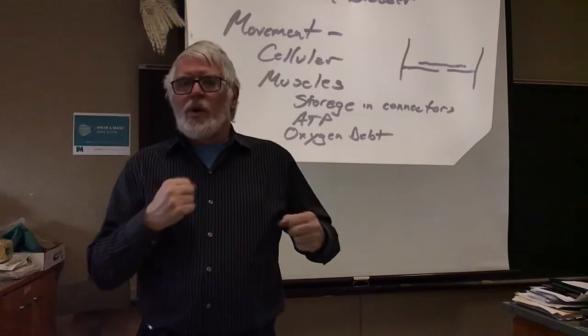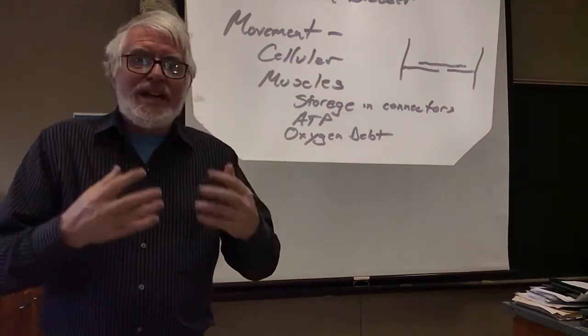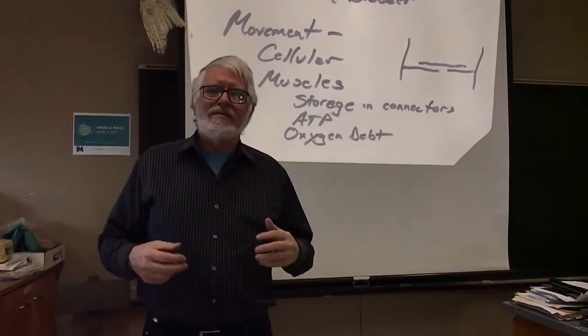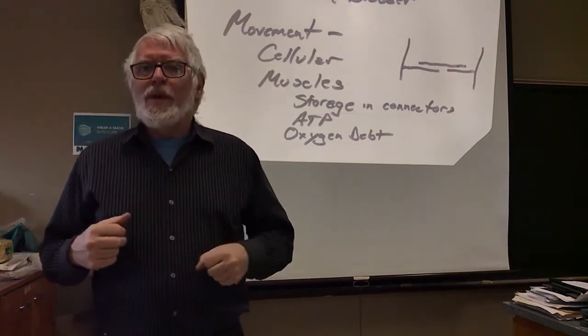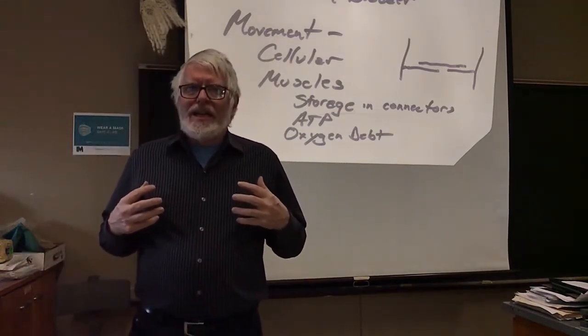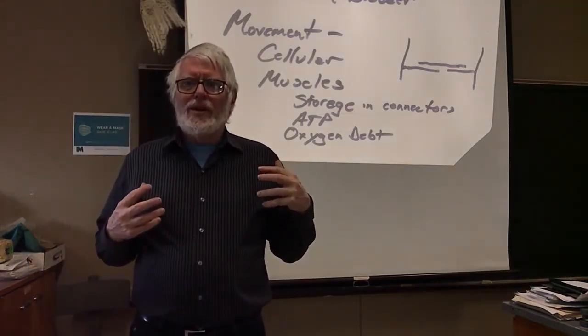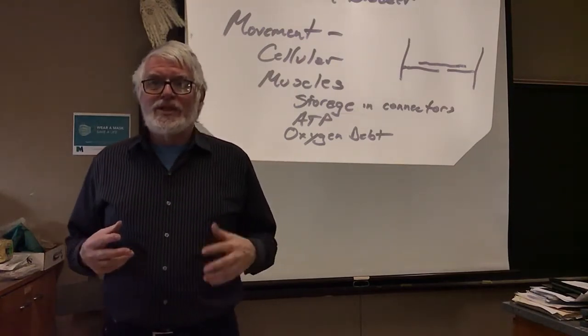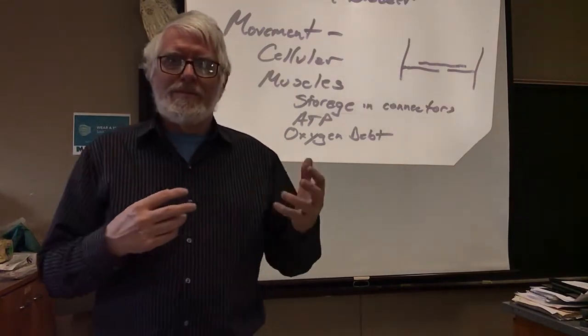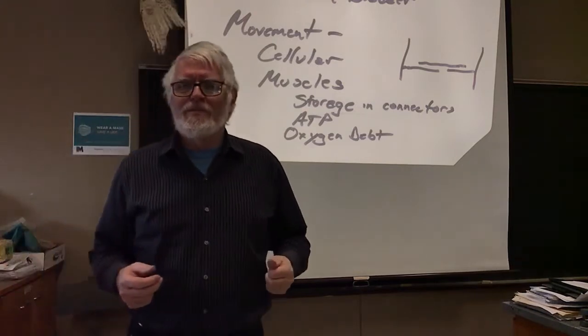You need your muscles to work. You try to get as much oxygen to them as you can. You're running from a predator, and at some point, your oxygen supply can't keep up with what you're asking from your muscles.